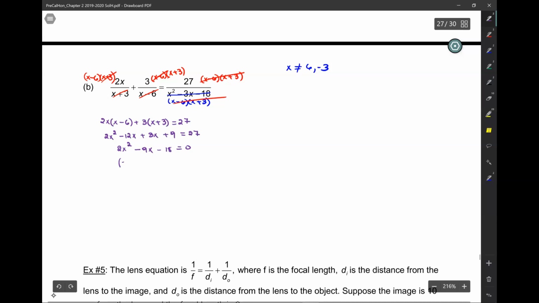And in fact, you get 2x plus 3 and x minus 6. So from here, we get x equals negative 3 over 2. From here, we get x equals 6. But that doesn't work, so you throw it away. So x is just negative 3 over 2.